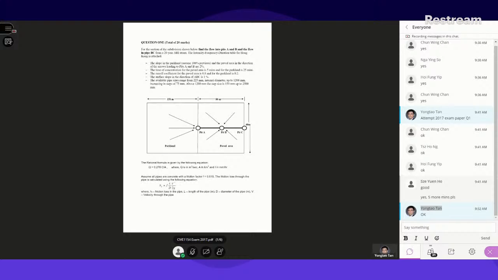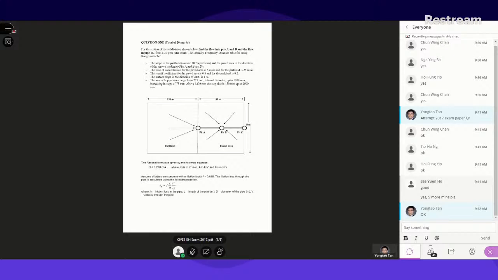For this question, what you need to do is find out the rainfall intensity for each sub-catchment, for the parkland and for the paved area, with the given time of concentration.